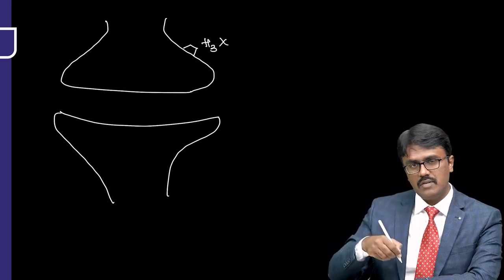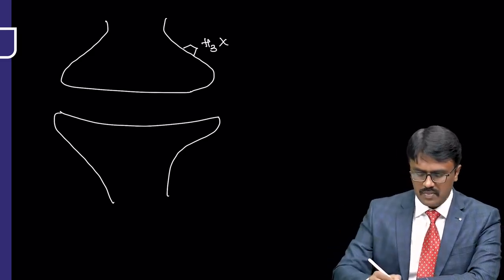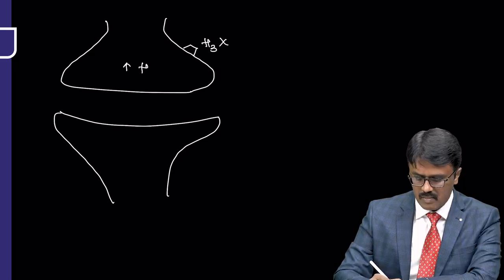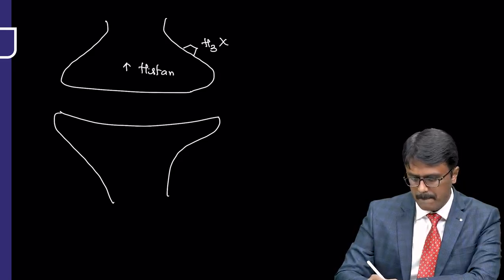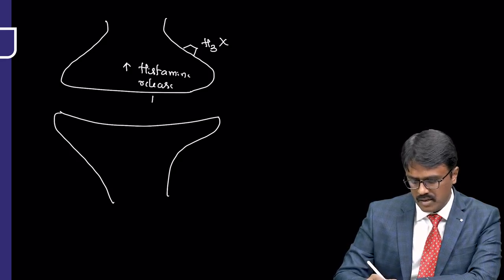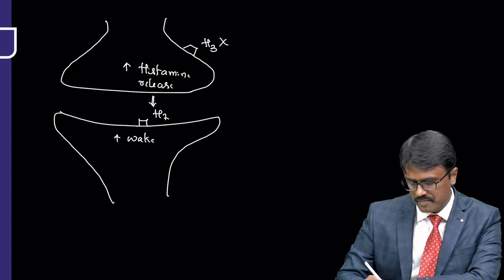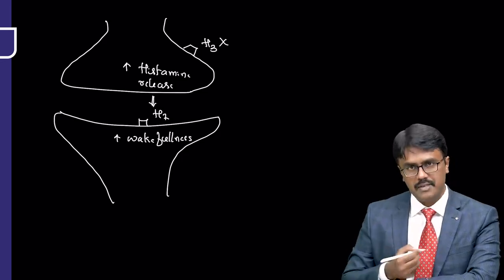Histamine release was decreased. When I have an inverse agonist, what happens? There is an increase in histamine release, in the brain, and that histamine will act on H1 in the brain and increase wakefulness. So the patient will be alert.